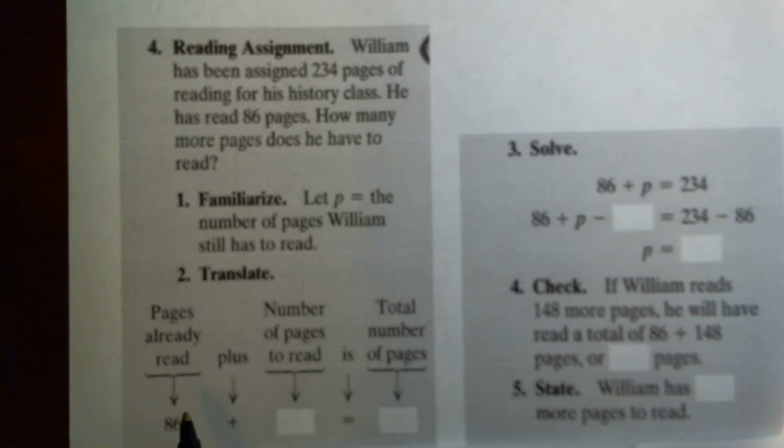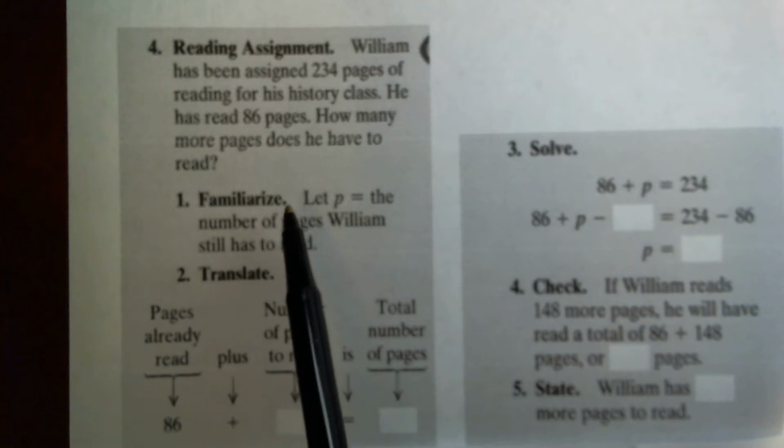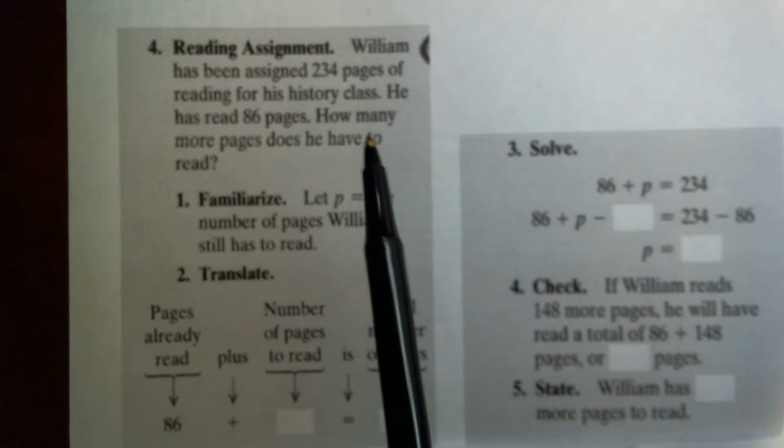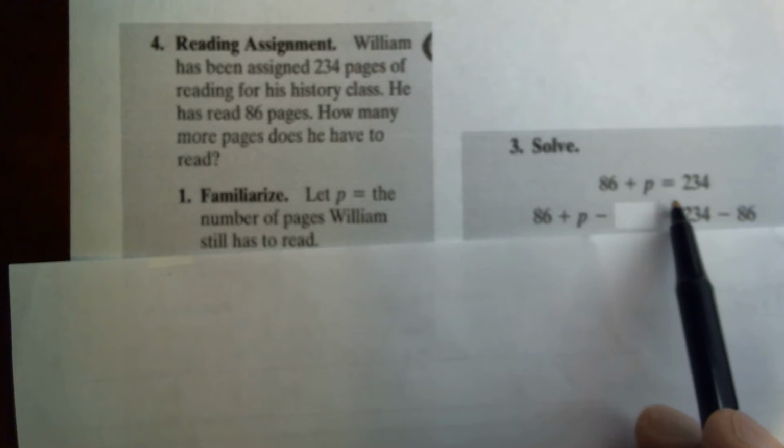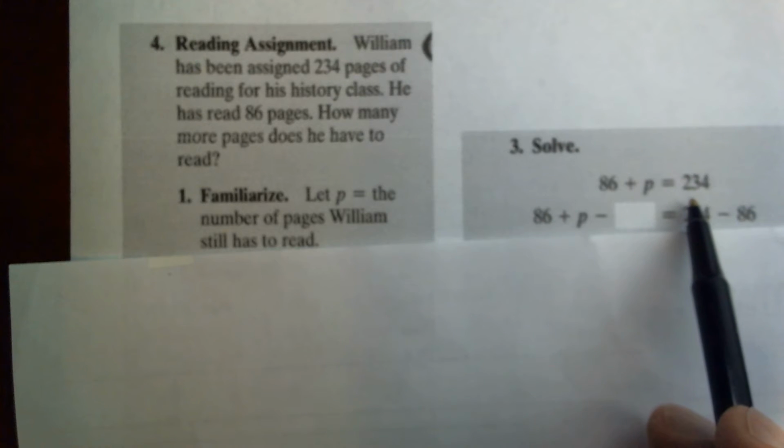So we are told he's already read 86 pages. He has P more pages to read, and all that has to equal the total number of pages. Well, we know the total number of pages was 234. So then we can say that 86 plus P equals 234.